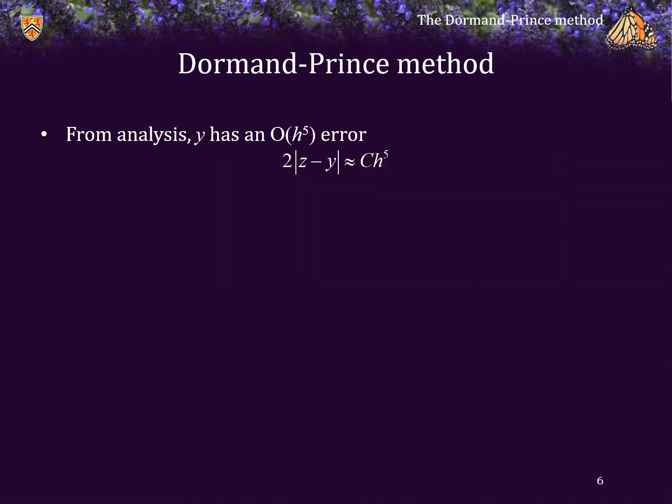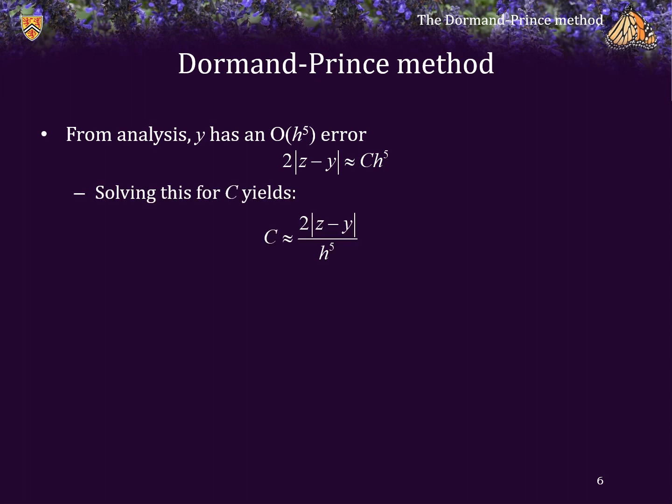Consequently, from mathematical analysis, we are told that y has a single-step error that is order h to the 5. Therefore, twice the difference between z and y is approximately equal to some unknown coefficient c times h to the 5. We don't know what it is, but fortunately we don't care.